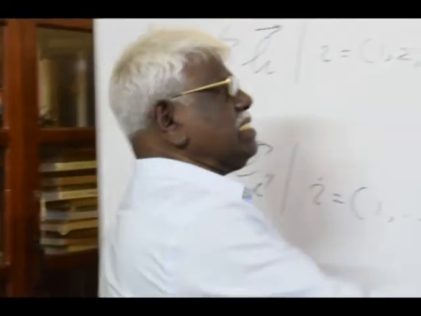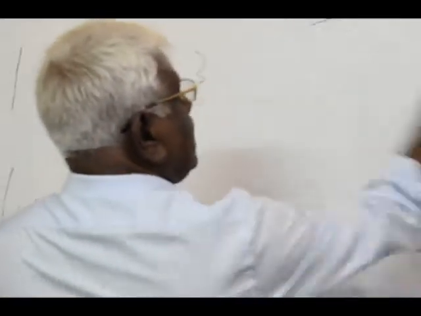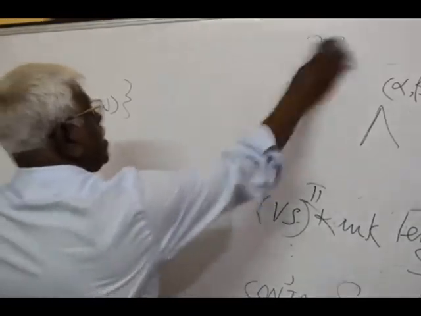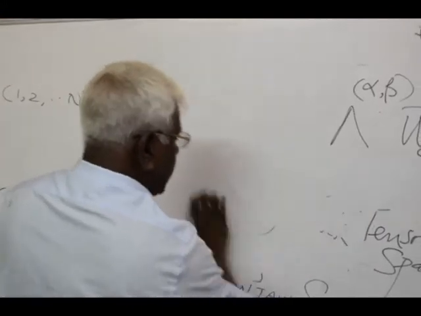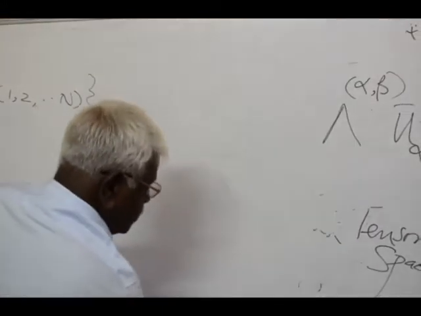So the property of a basis is that, as I have already told you, any non-zero vector can be written as a linear combination of the basis vectors in an n-dimensional space.